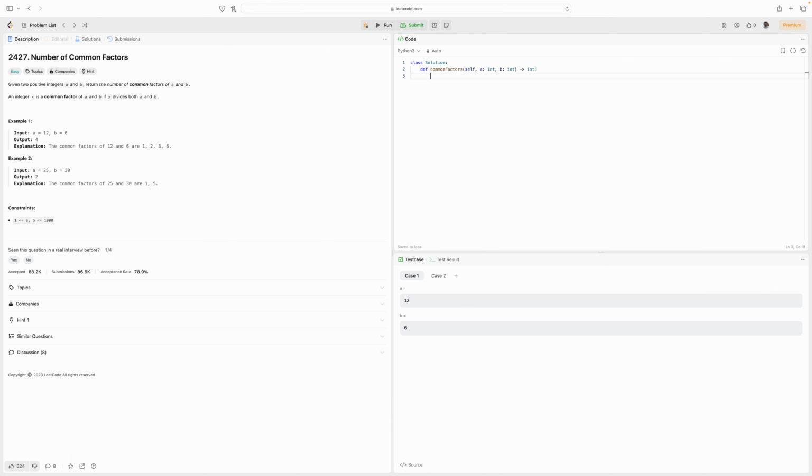So length is how many times we're going to iterate through, and that's going to be equal to the minimum of A and B. So for i in range 1 to length, that's going to loop from 1 up to length. Let's print out length.